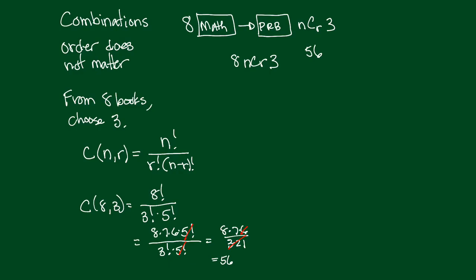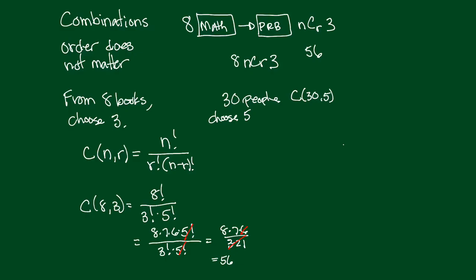So just another example. What if in our class there's 30 people, and we want to choose, let's say, 5 of us. Out of 30 people, choose 5. Now, we don't care about order. We just want 5 people out of 30. So I'm going to write this as a combination of 30 choose 5.